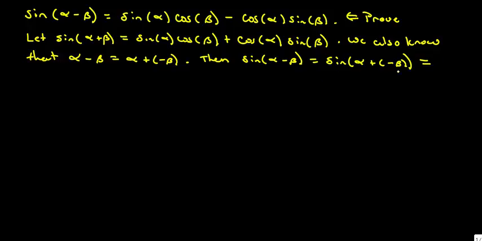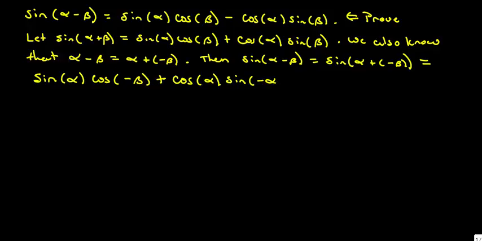And we know that this can be expanded out using this formula. So this is equal to the sine of the first angle times the cosine of the second angle plus the cosine of the first angle times the sine of the second angle.